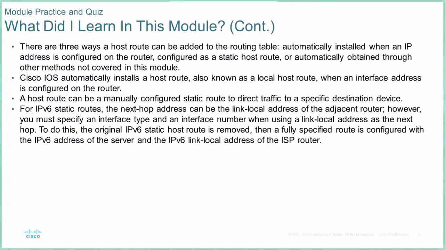We need to use the local address of our next hop device in this format. So that's the FE80 address of the next hop device. That's the only quirk difference between IPv4 and IPv6.